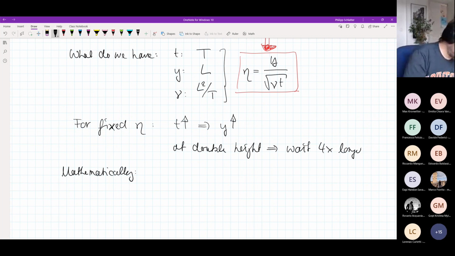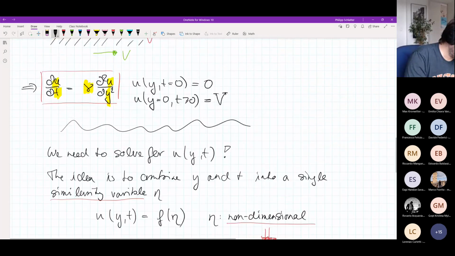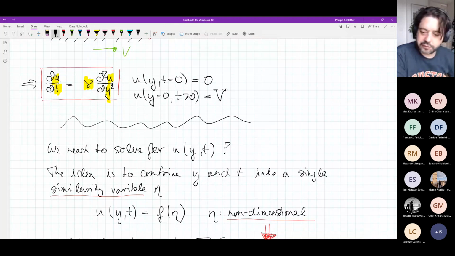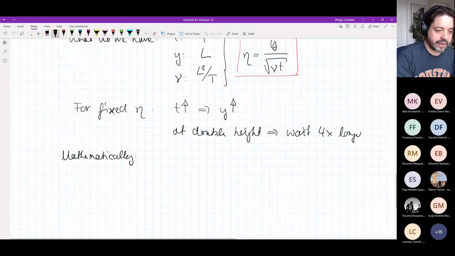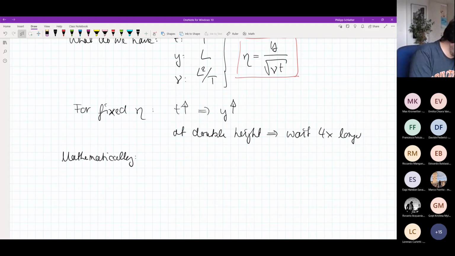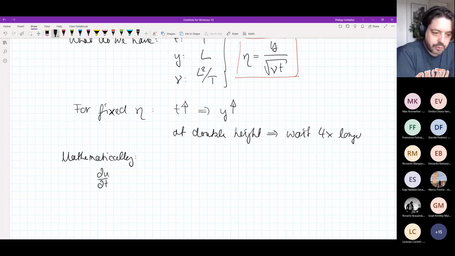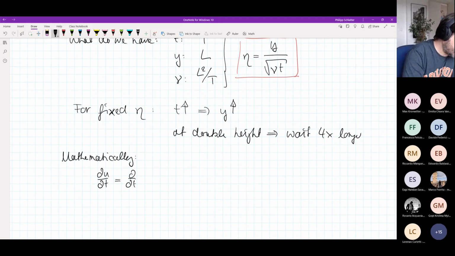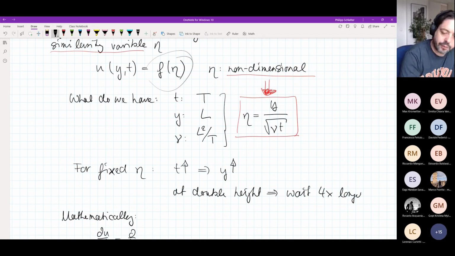If you now do that mathematically, it would be in the following way: essentially we try to replace all these derivatives with respect to t and with respect to y with derivatives with respect to eta. Just to illustrate how this works, take the first term, du dt, and replace the u with an f of eta.